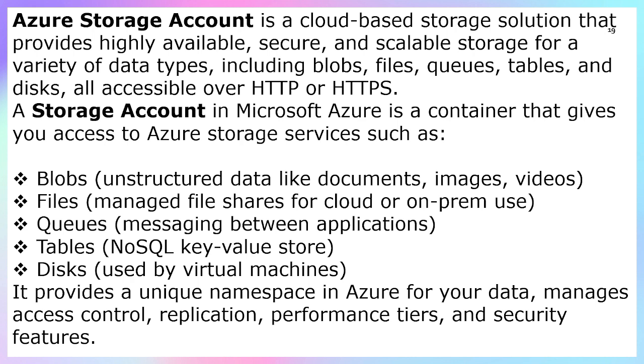Replication means if you store your data and a disaster comes, or a data center shuts down, you still want your data to be available. At that time we use replication.